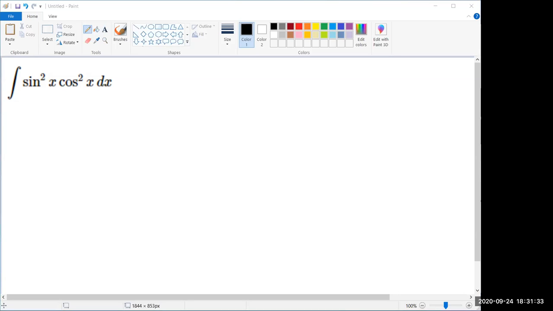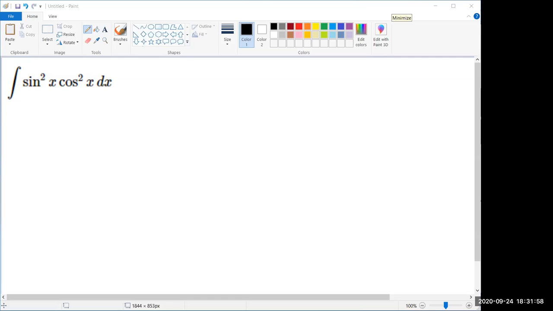If there is, let me look at the trig identity sheet. Sine squared of x times cosine squared of x. No, I don't see one. I don't think there's an identity for that.